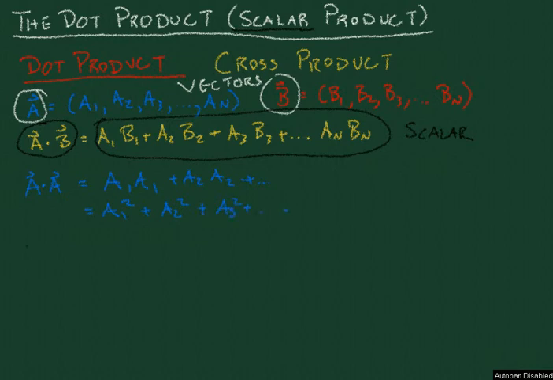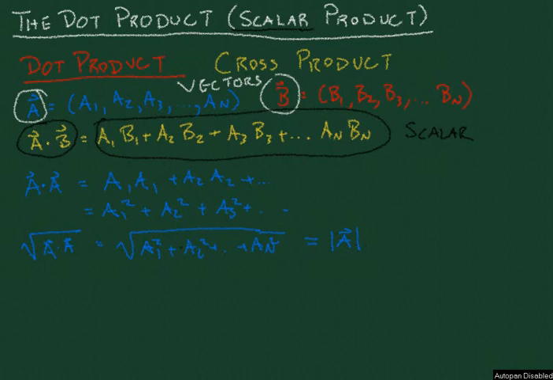So in other words, if we take the square root of A dot A, this is the square root of A1 squared plus A2 squared all the way to An squared. But this is just the magnitude of A.